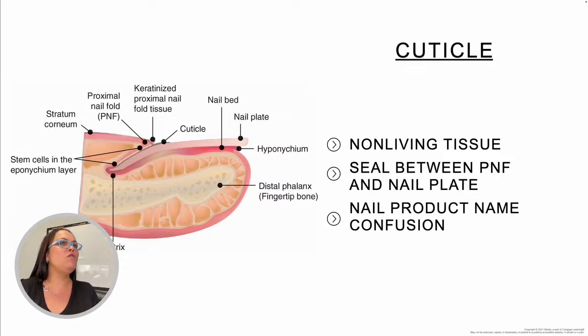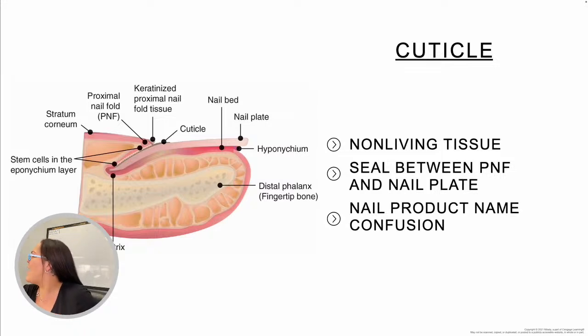Before we move to what the eponychium is, let's talk about these nail products that kind of confuse you guys. And it not only confuses you, it confuses the consumer, the client. For instance, what is a cuticle moisturizer?